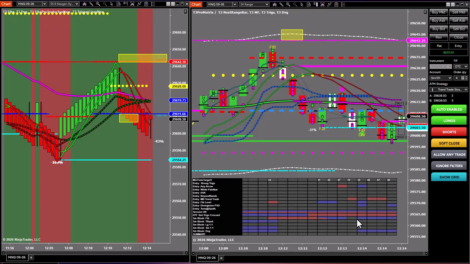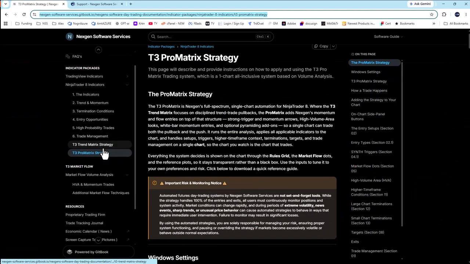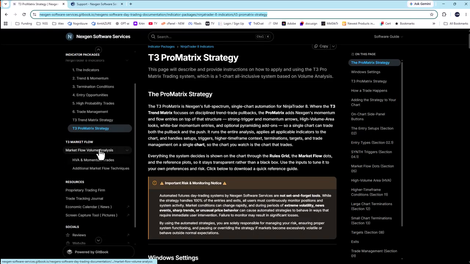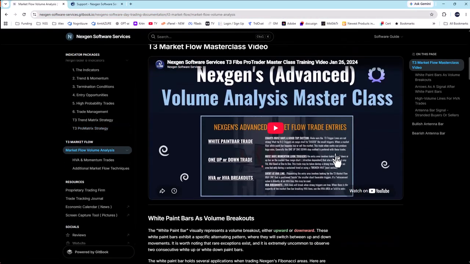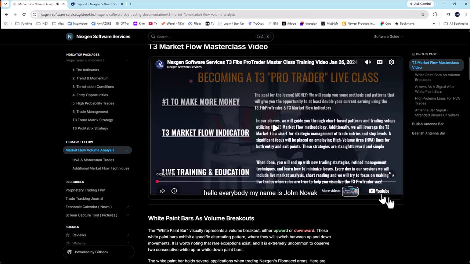So, short version, what we're doing is running 5 micros on our automated trading system, and we're just waiting for it to do signals. It's not exactly what's in the system, but this is what we've taught for a long time.